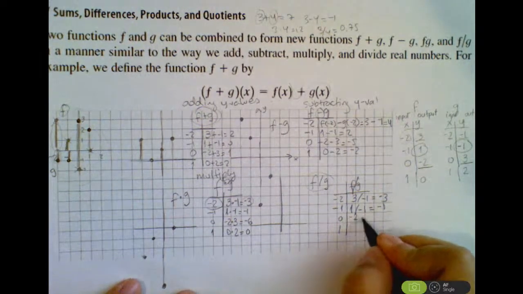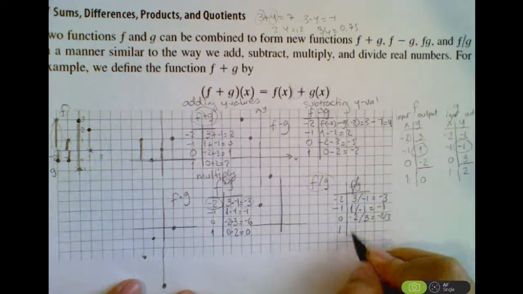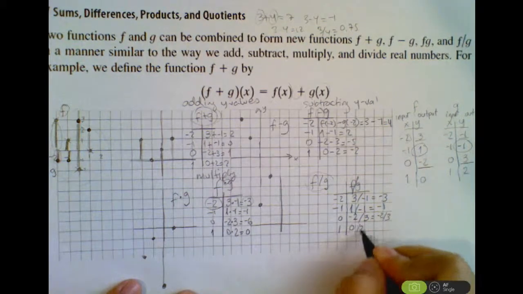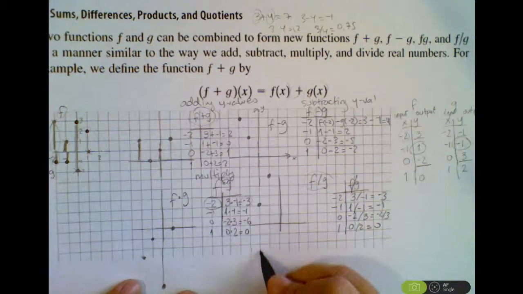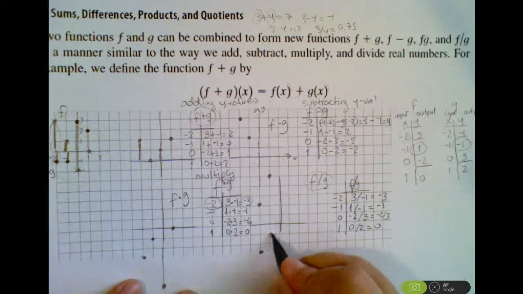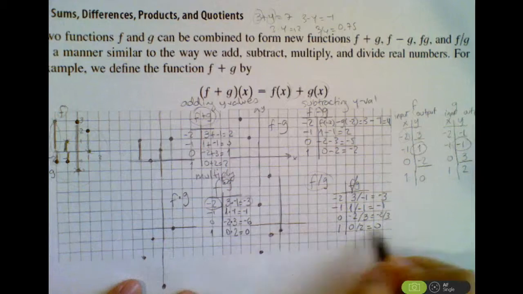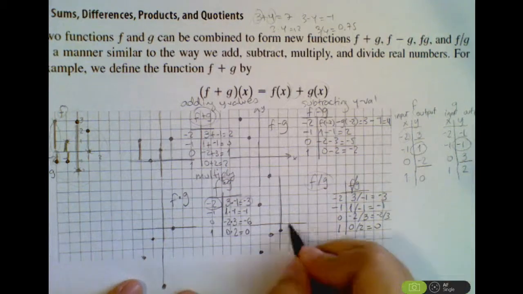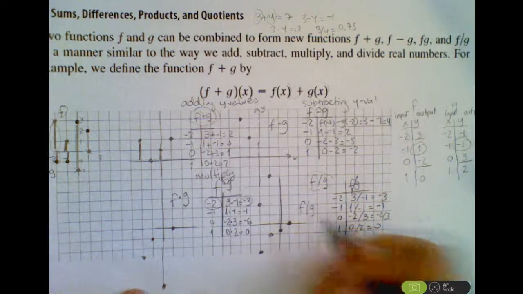Negative 2 divided by 3, which is negative 2/3. And then 0 divided by 2, which is simply 0. So I can graph that as well. It will be here, and then negative 1, negative 1. 0, negative 2/3 is over here, not quite negative 1. And 1, 0 is here. And that's the graph of f divided by g.